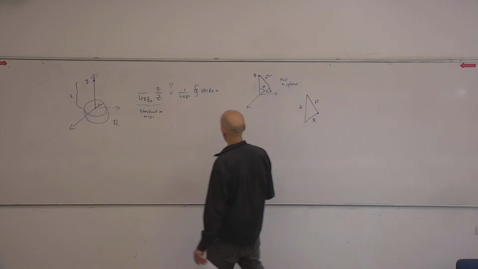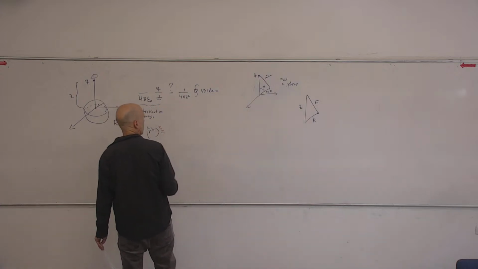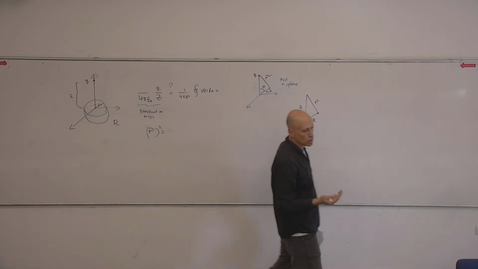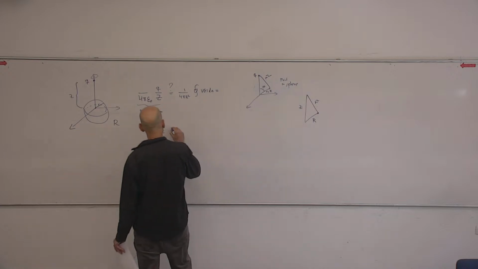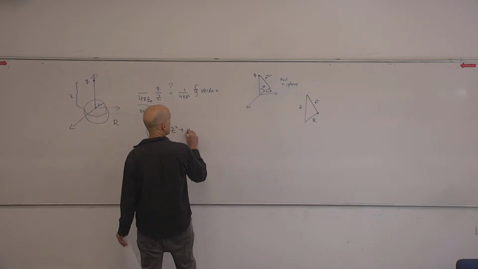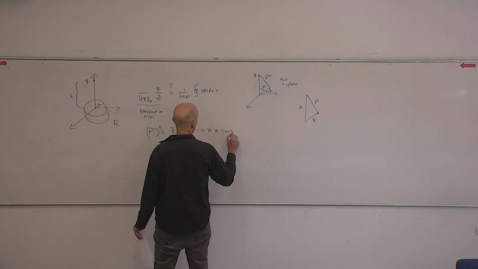So what is this R tilde? It's very simple. This is the cosine law. It's trivial. So we have z squared plus R squared minus 2Rz cosine theta.